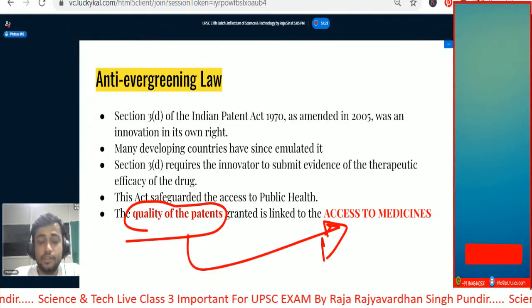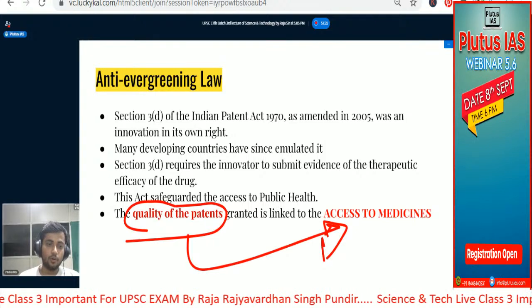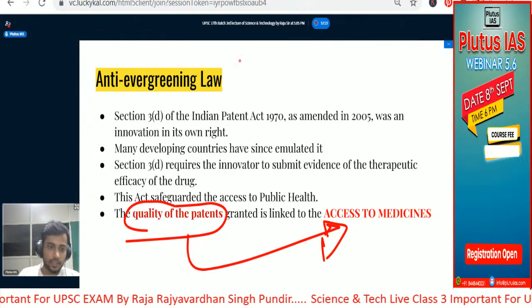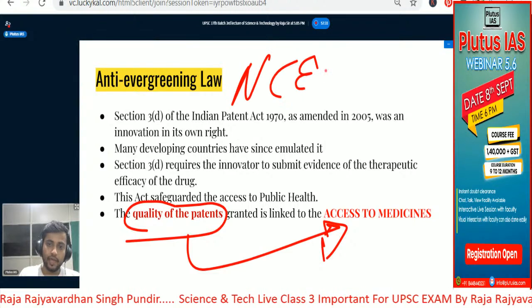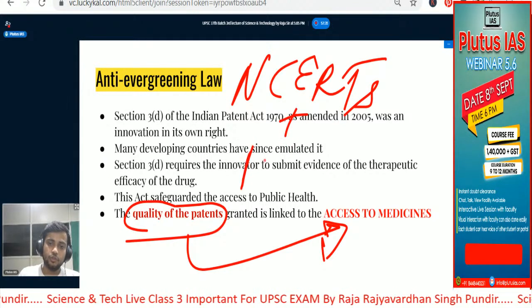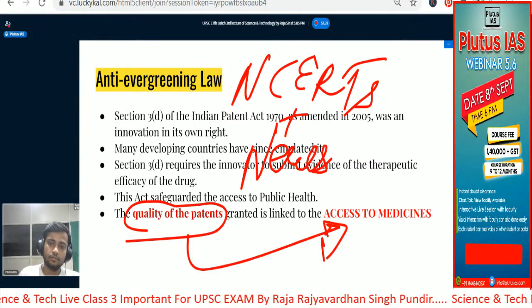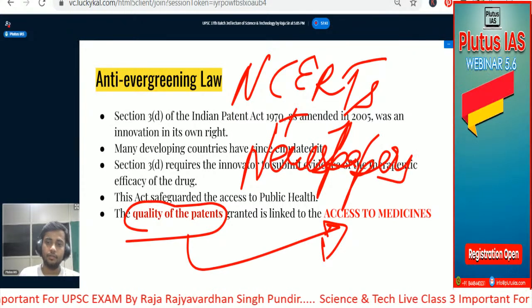See, for science and technology, we cannot suggest you any book that is available in the market, and we suggest that NCERTs plus newspapers are the best.